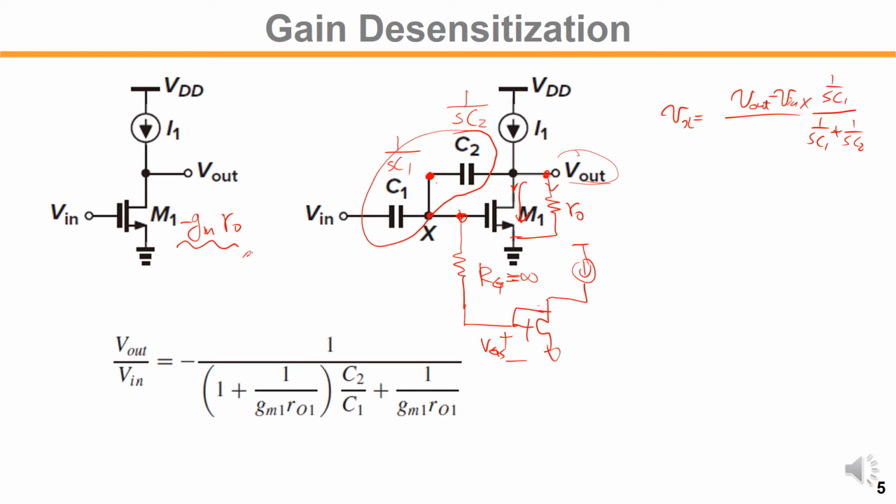That would be the Vx node voltage. So V out minus V in times what?